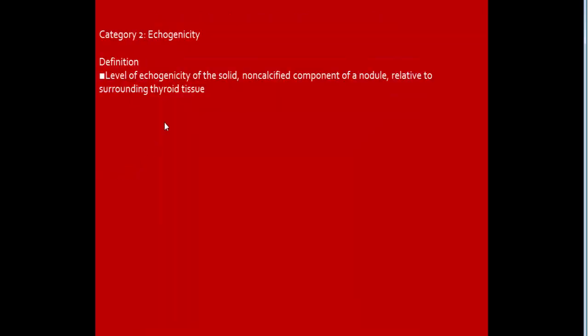Category 2, echogenicity of the nodule. Definition of echogenicity: the level of echogenicity of the solid non-calcified component of a nodule relative to the surrounding thyroid tissue. We measure relative to the surrounding thyroid tissue, to judge the echogenicity of the nodule, and specifically the strap muscle.